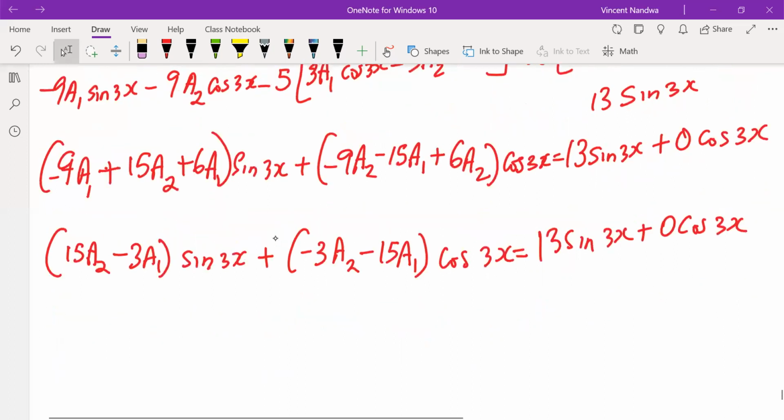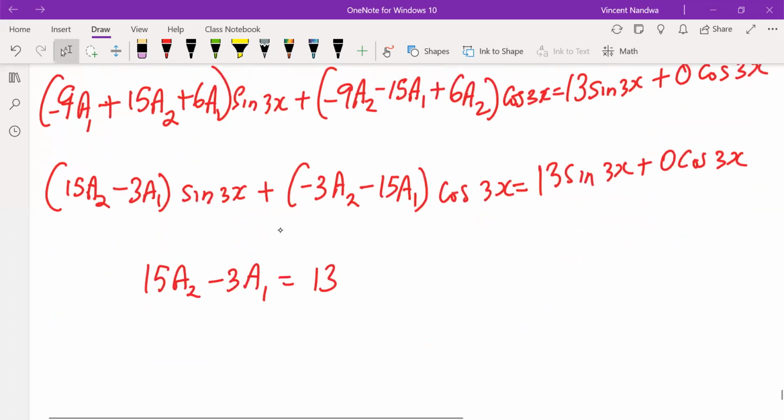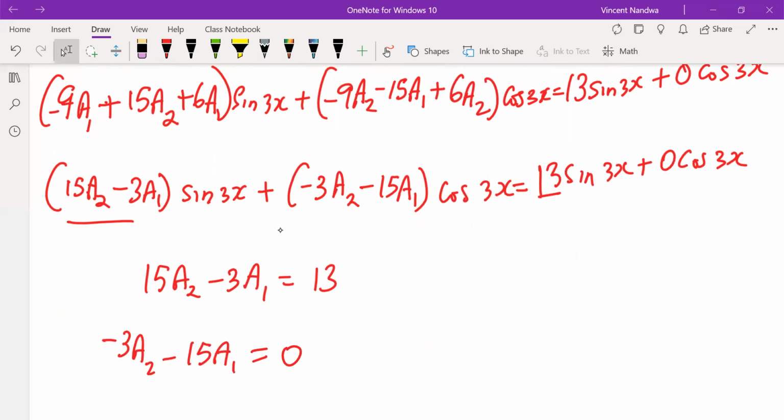Now comparing, we'll have 15a2 minus 3a1 equals 13, for the coefficient of sine, and then for cosine, minus 3a2 minus 15a1 equals 0.